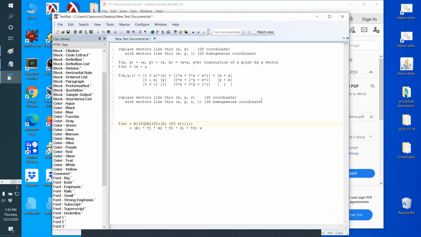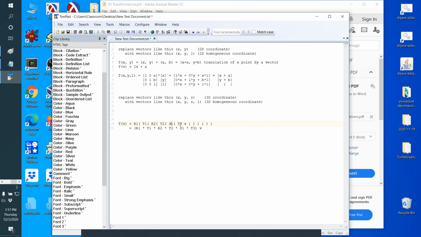to make it more readable, you take this matrix on that vector, you get that answer, and you let S1 act on it, and then you let S2.